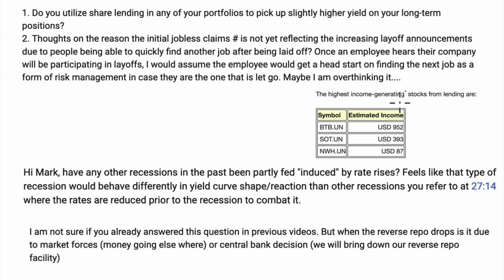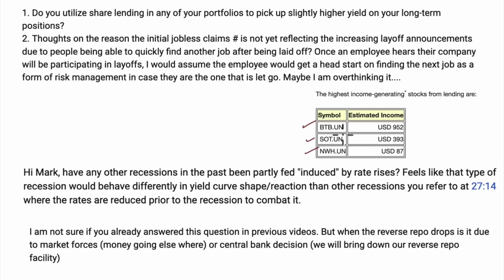So this is a printout here. Highest income generating stocks for lending are, and I have three little small cap REITs from Canada that are not big on capital gains, but they've got dividends approaching 10, 11, 12% based on their price.